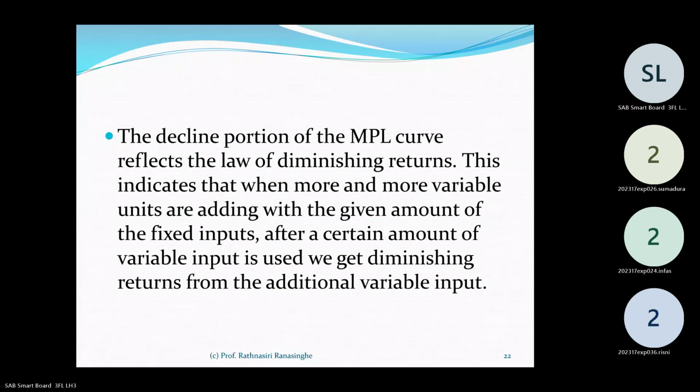Now, we observe diminishing marginal returns, right? It is the point where the marginal productivity of labor decreases. So in the short run, we see diminishing marginal returns, as we see in the graph and the table.